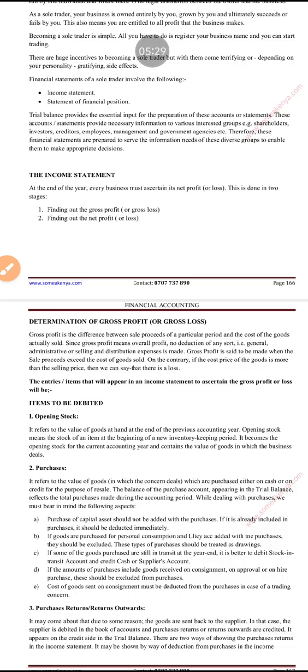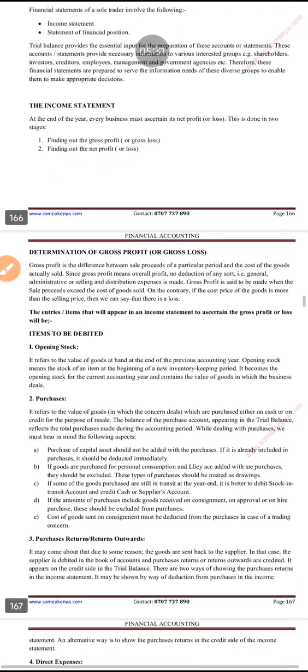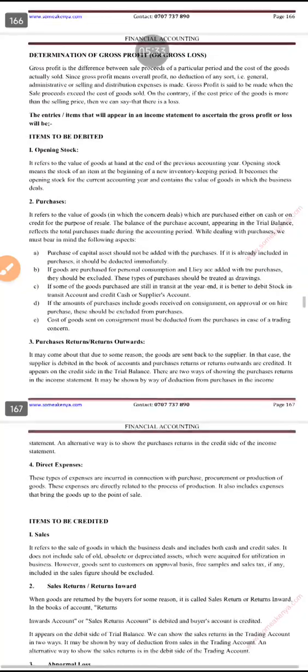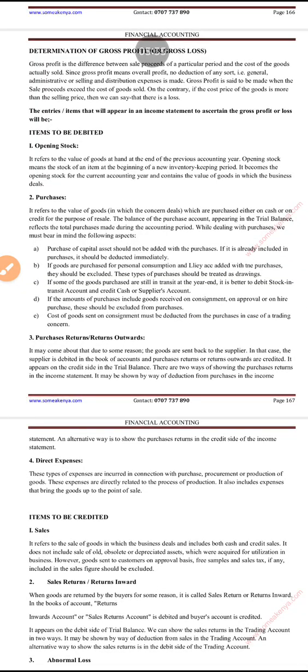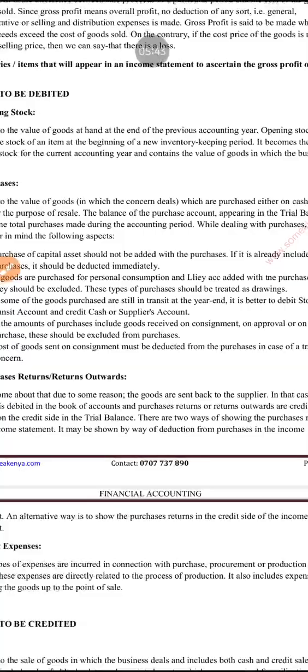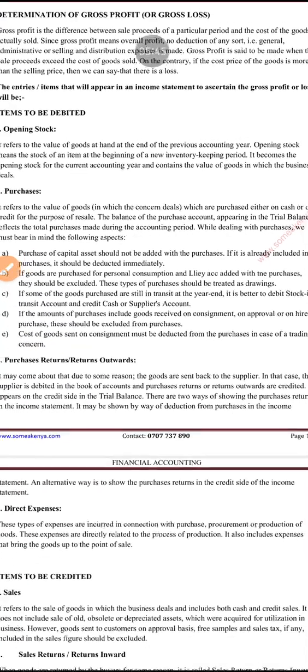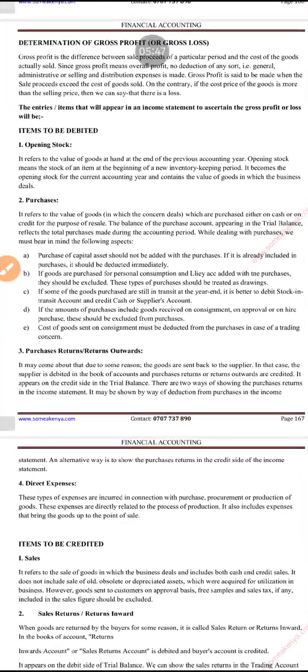It refers to the value of goods at hand at the end of the previous accounting year. Opening stock means the stock of an item at the beginning of a new inventory keeping period.